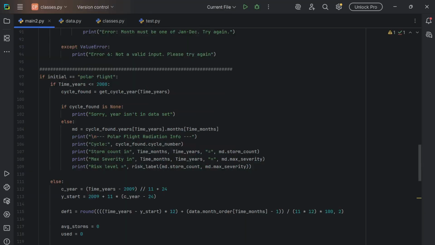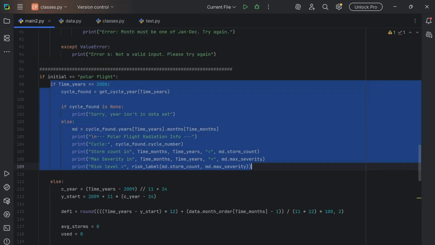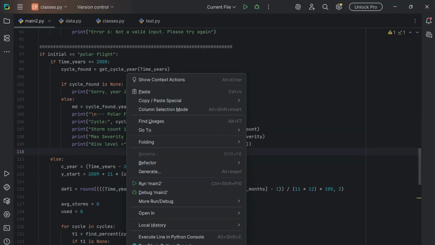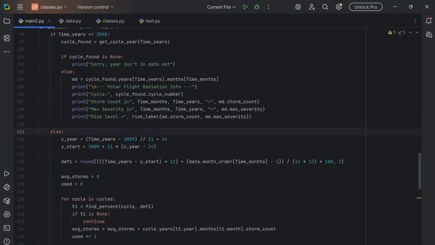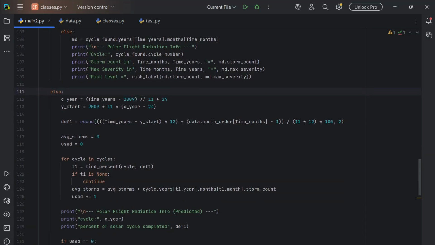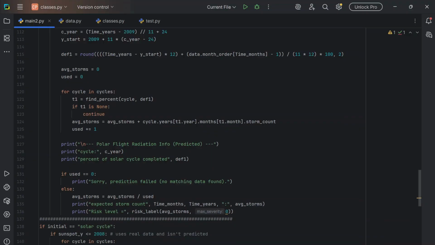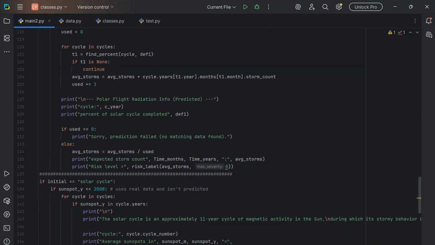This section of the code doesn't actually do any predictions, since all the data can be found within the data class. But let's say it wasn't, then in the else, it would start doing some arithmetic. You can see here it gets the time years, subtracts 2009, and divides by 11 plus 24. In total, then it goes to rounding, average storms, finds the cycle, and then prints out the information right here.